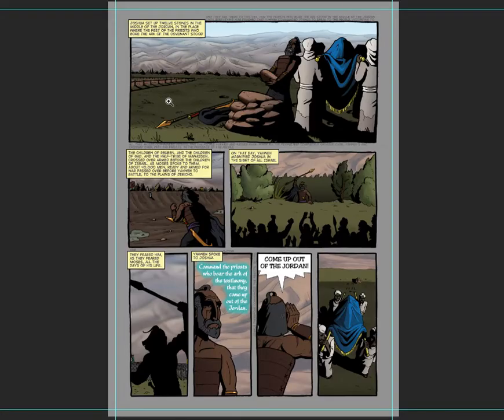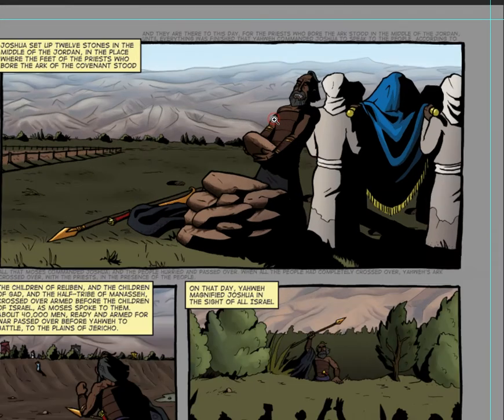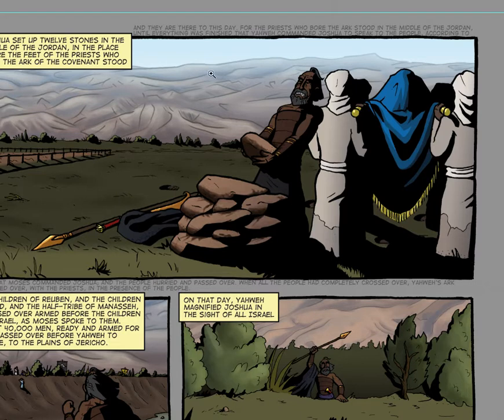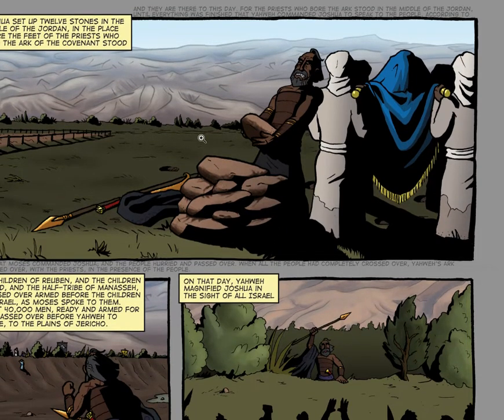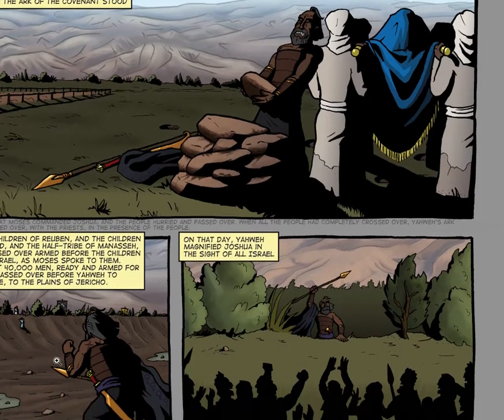Yeah, so this is from the book of Joshua, and you can see the hills I was talking about earlier where they've crossed. It's the same ones, and the river Jordan's all dry. He's making this pile of 12 stones which commemorate the crossing.